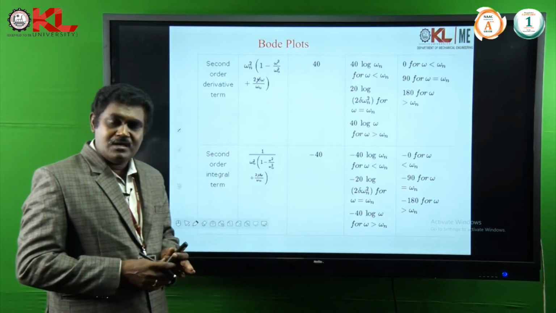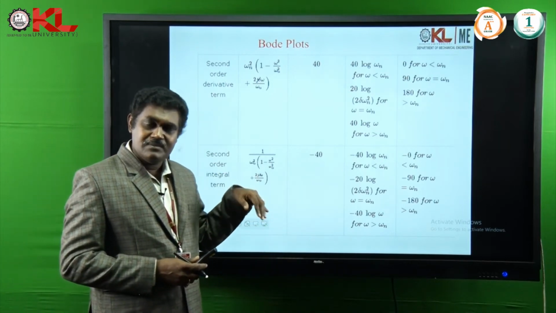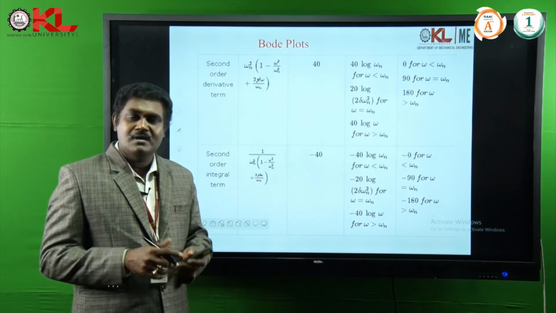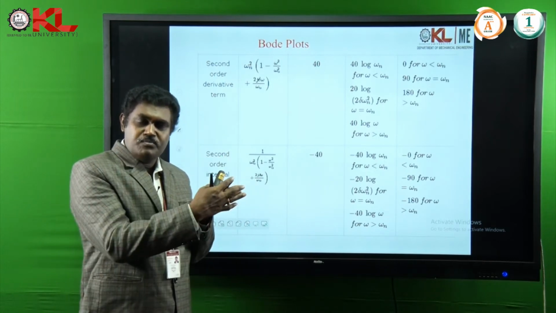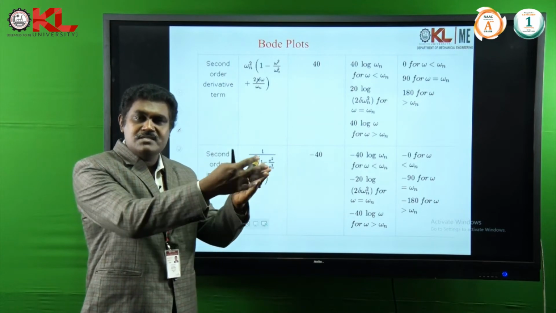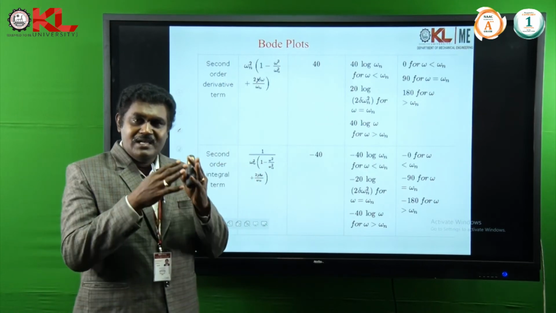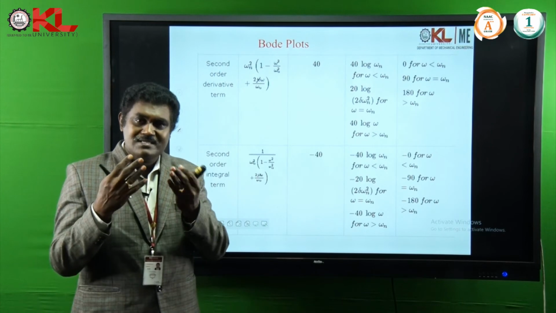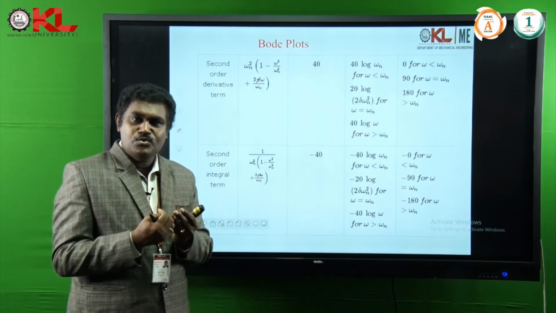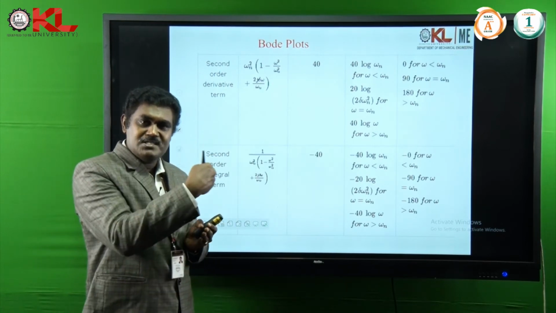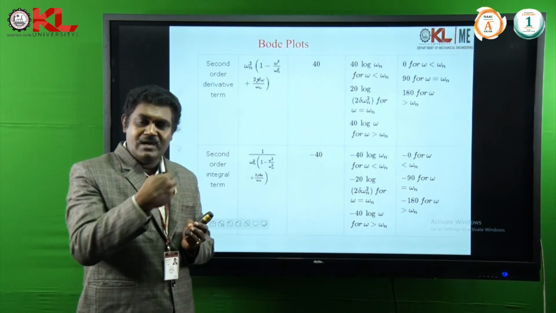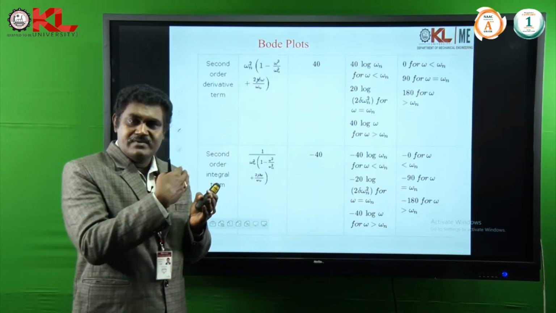So, based on the basic terms we are using, we calculate the slope, the magnitude and the phase angle. Okay. So, for any given transfer function, before constructing the Bode plot, we have to take several values of frequencies.